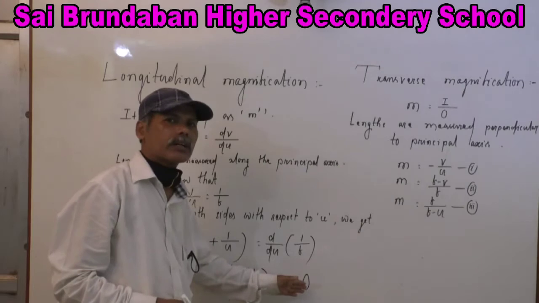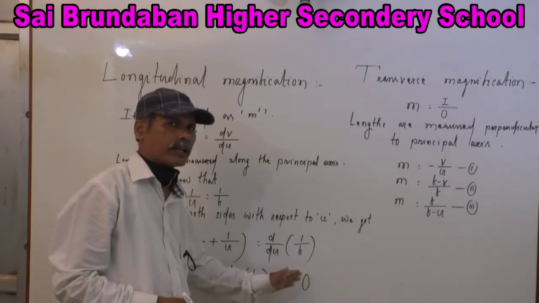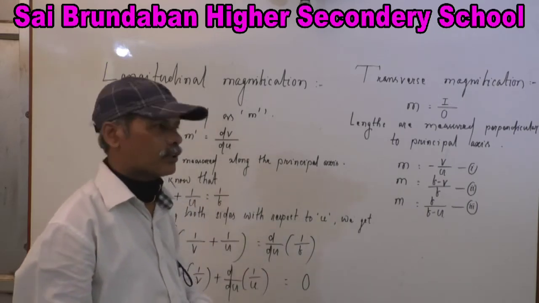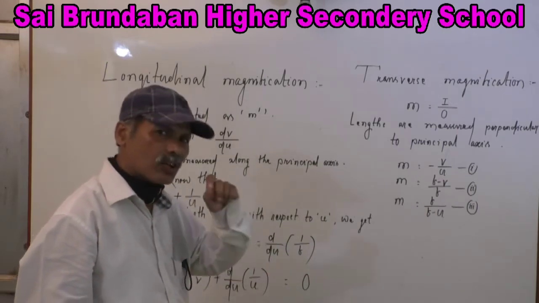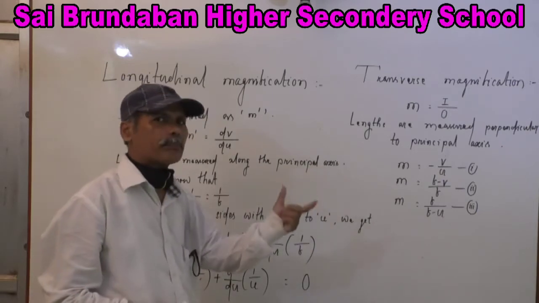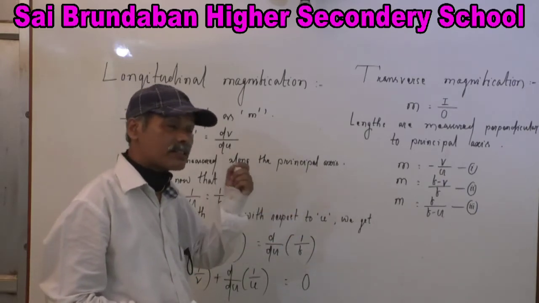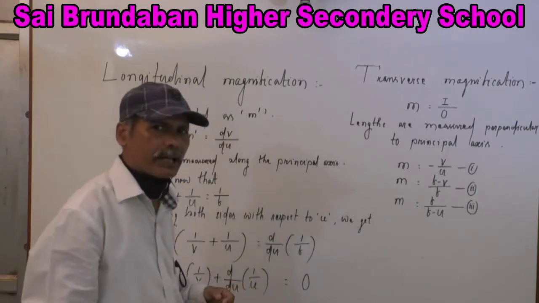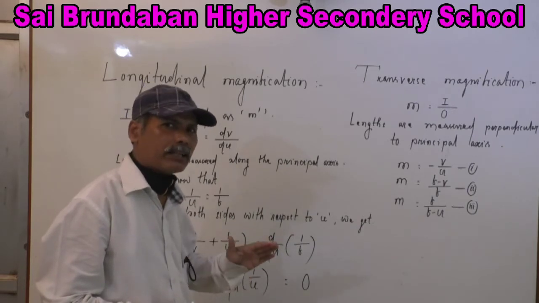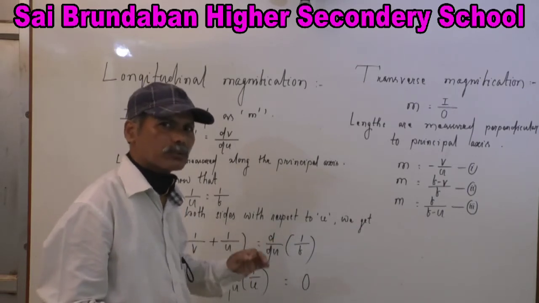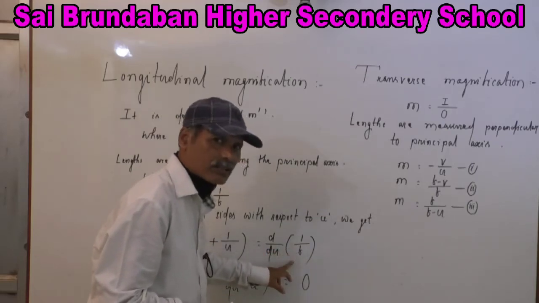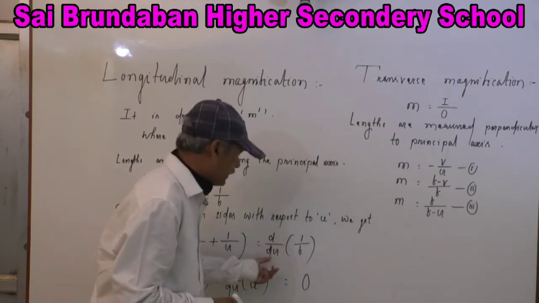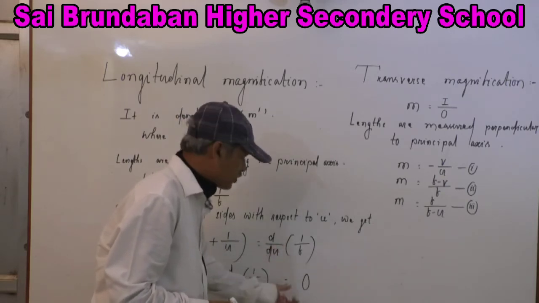Why is it 0? Earlier I told you that focal length remains constant. If you change u accordingly, v will be changed. So v completely depends on u. So f is constant, 1 by f is constant. When we differentiate a constant with respect to u, the result will be 0.